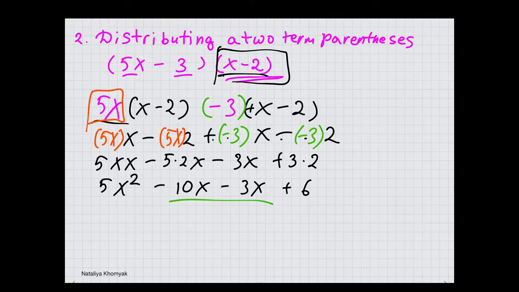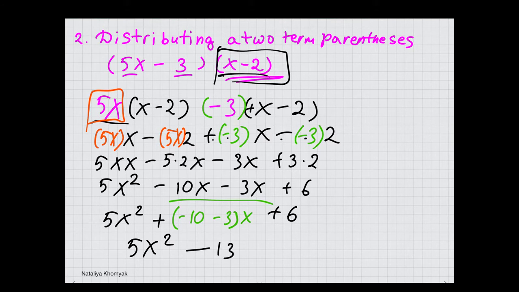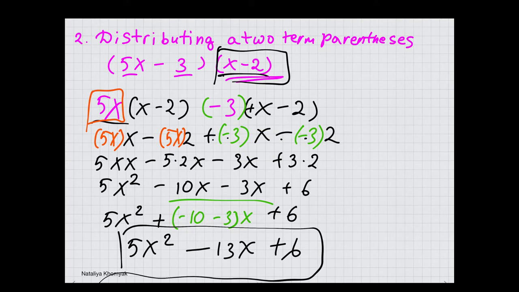We have some like terms, so we need to do one more step. So we have 5x^2 plus negative 10, negative 3 of x plus 6. So we get 5x to the second. Same sign, we look for sum, which is negative 13x plus 6. And this is our solution.